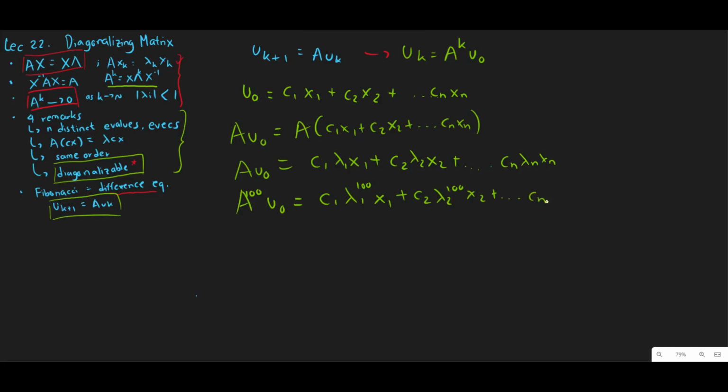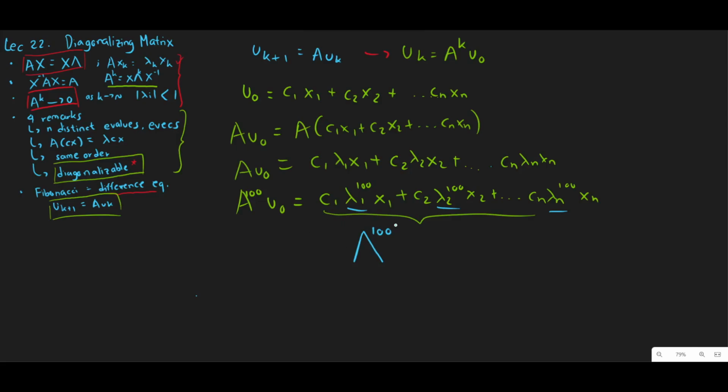So what we have here we can write in matrix form as well. In the eigenvalues part, we have, of course, the big Lambda to the power of 100, and then we multiply by the eigenvectors.